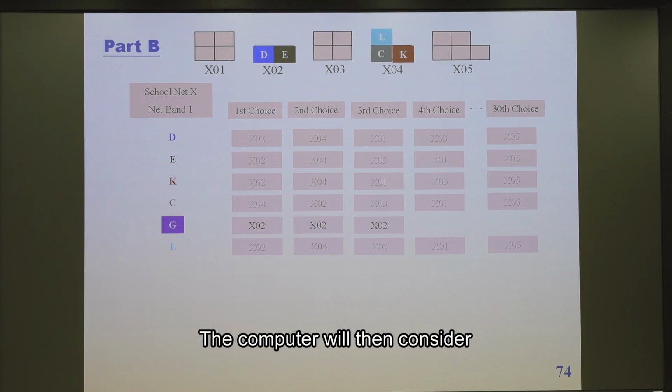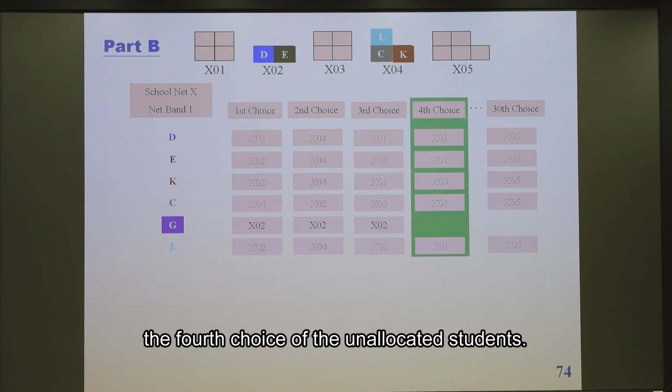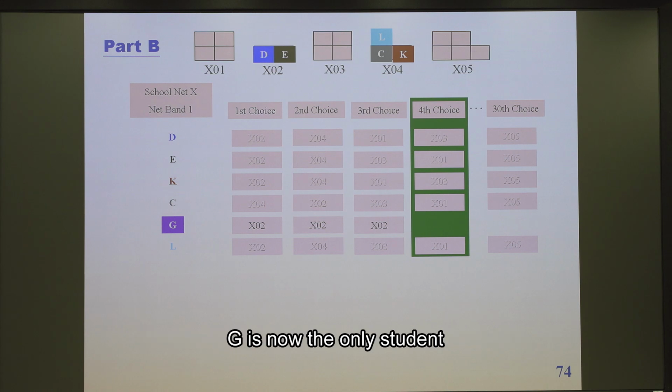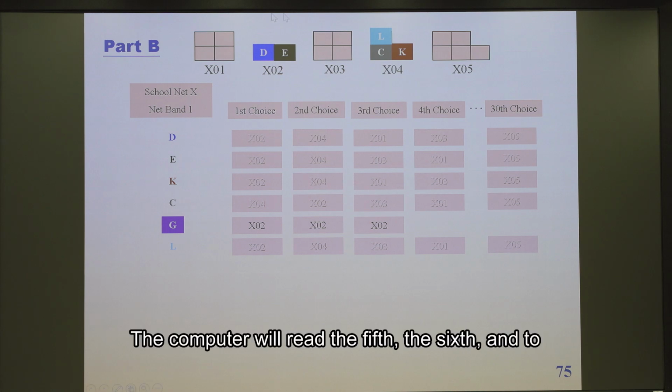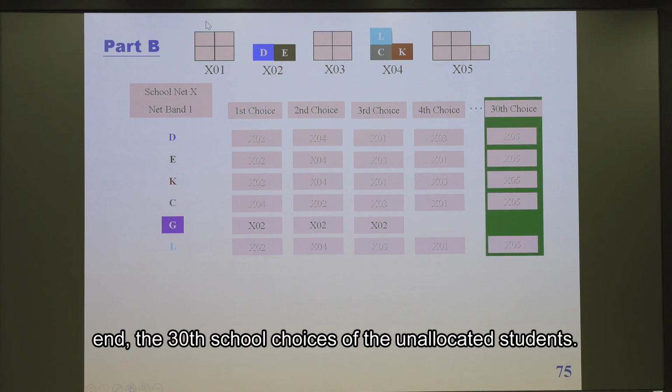The computer will then consider the fourth choice of the unallocated students. G is now the only student who has not been allocated a place. However, G has not indicated any school choices further. The computer will read the 5th, the 6th, and to the end, the 30th school choices of the unallocated students.